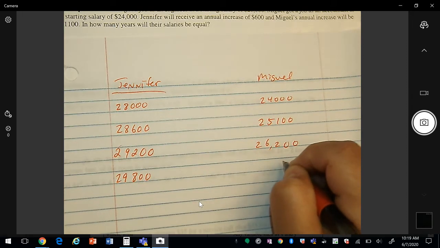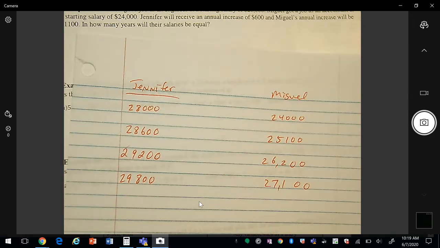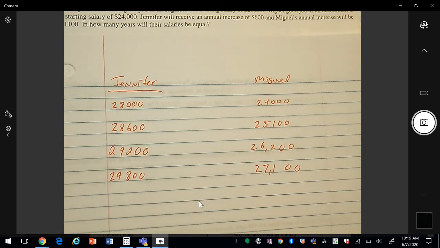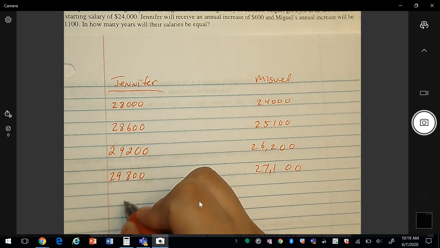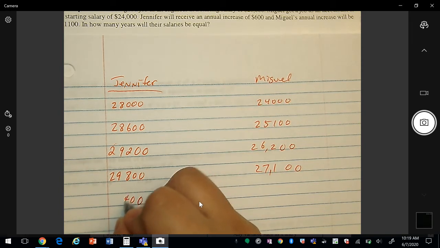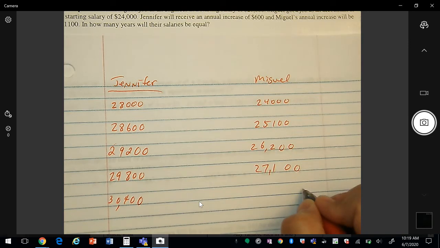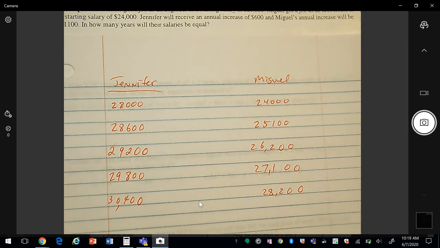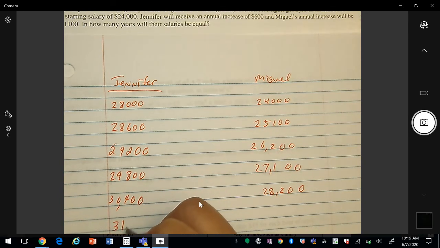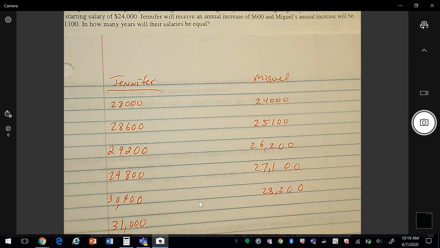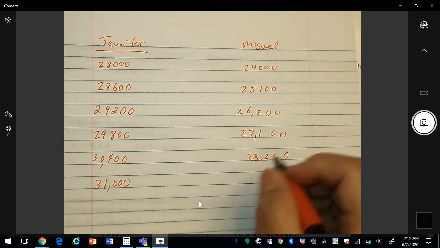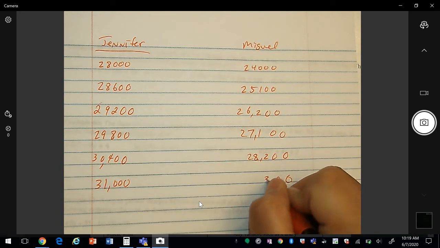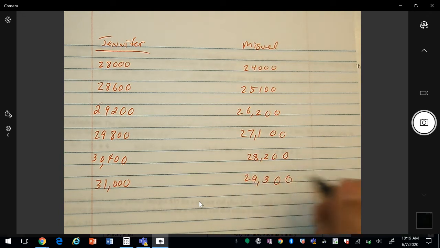So this is 27,100. The next year I add 600 more. So we get 30,400. And this one would be 28,200, add 600 more. So we're at 31,000 for Jennifer and Miguel is at 29,300.